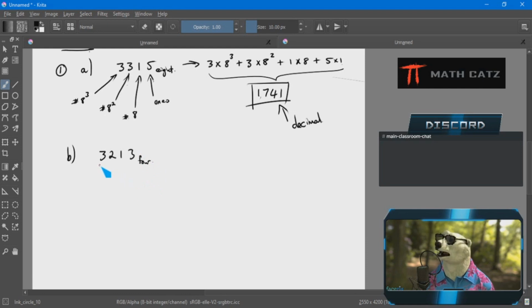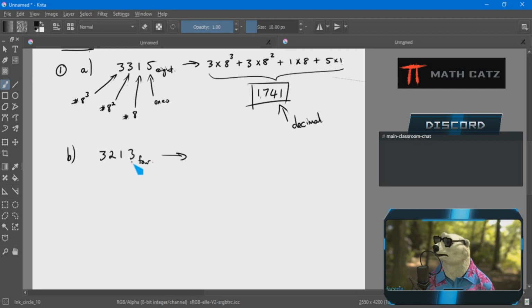So here I have next 3213 base 4. Notice how I say it. Let's not write it underneath and see. I definitely want to write something, and more would make the quiz answer better. But let's just see if we can understand the places here.